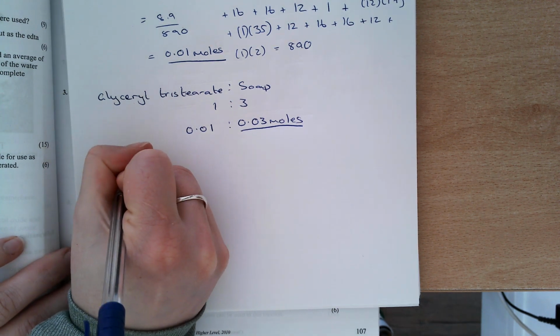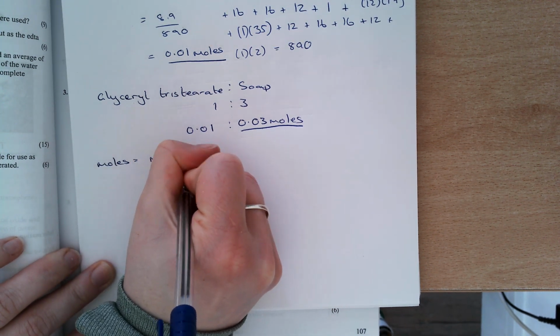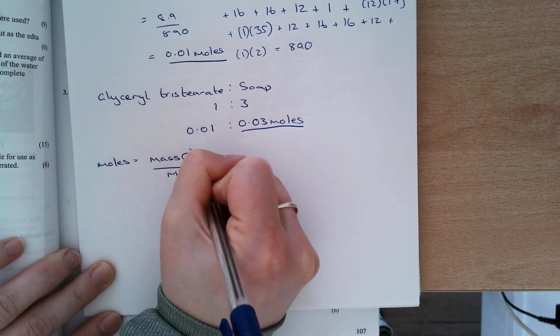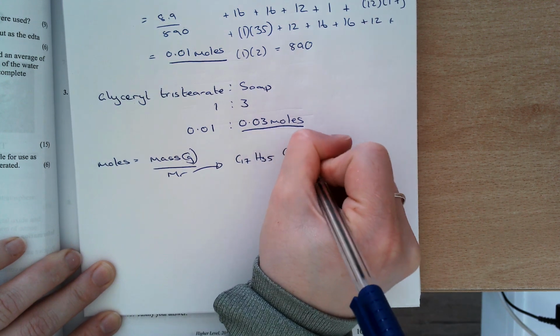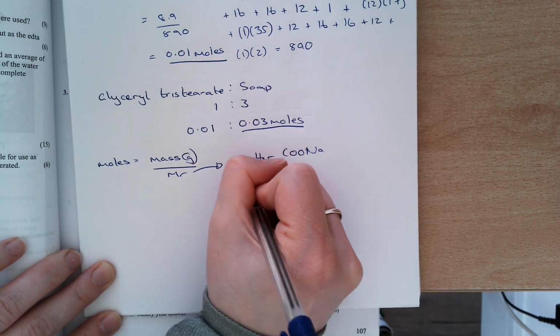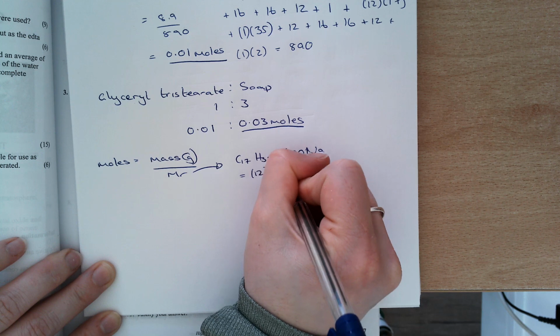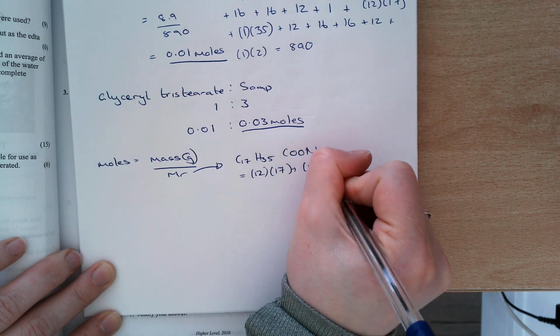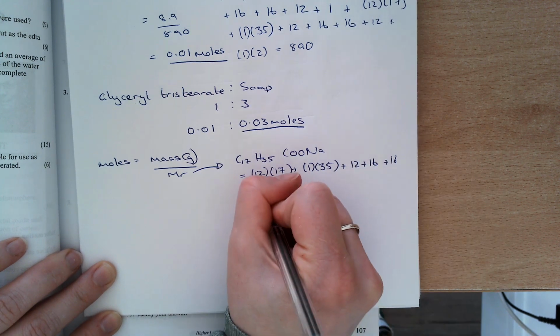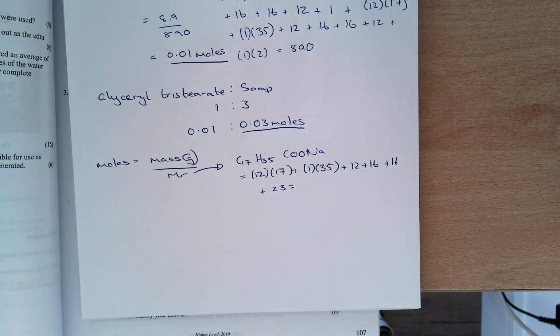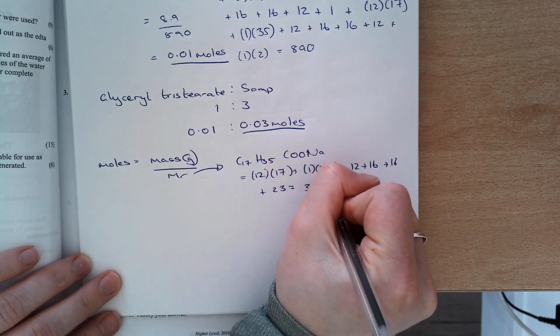So moles is equal to mass in grams divided by my Mr of my soap, which is C17 H35 COONa. So again, 12 by 17 plus 1 by 35 plus 12 plus 16 plus 16 plus 23, and that's going to give me 12 plus 16 plus 16 plus 23, 306.